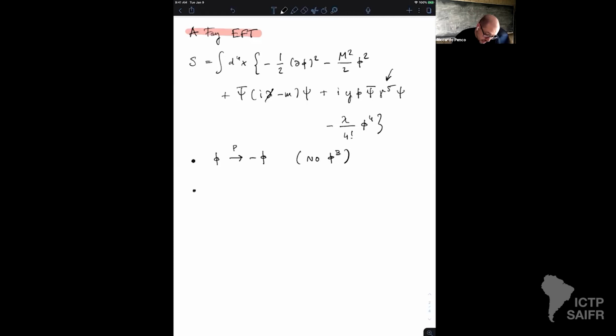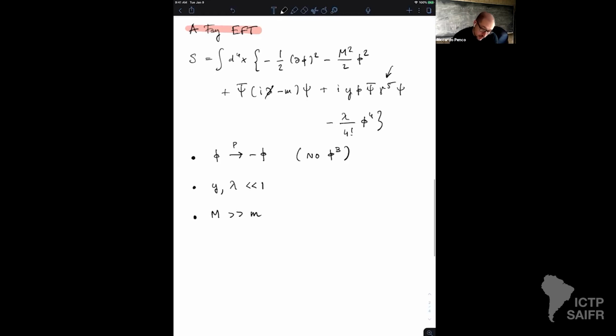Now we'll be interested in working in perturbation theory. So we'll work in a regime where the couplings Y and the coupling lambda are both much smaller than 1. And at least for today, we'll focus also on the regime where the mass of the scalar is much larger than the mass of the fermion.